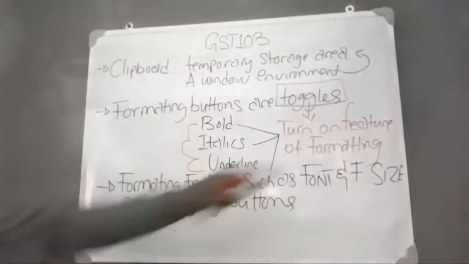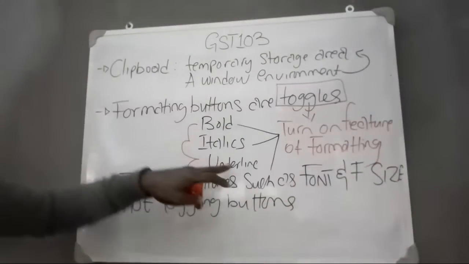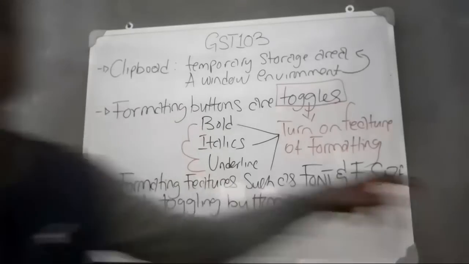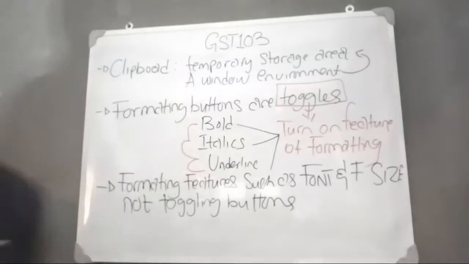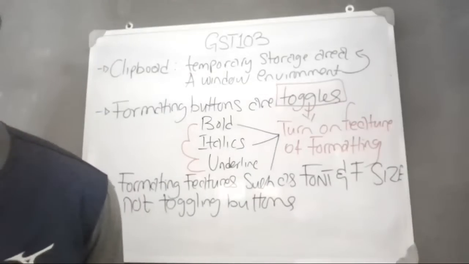So formatting features like bold, italics, and underline are toggle buttons, but formatting features like font and font size are not toggling buttons. So let's move on.